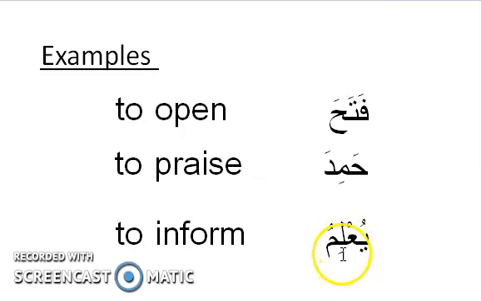Lam with kasra, li. And this is mim. When it is at the end of the word, we write it like this. Mim with dhamma, mu. Li, mu. So it is yu'limu, to inform someone.